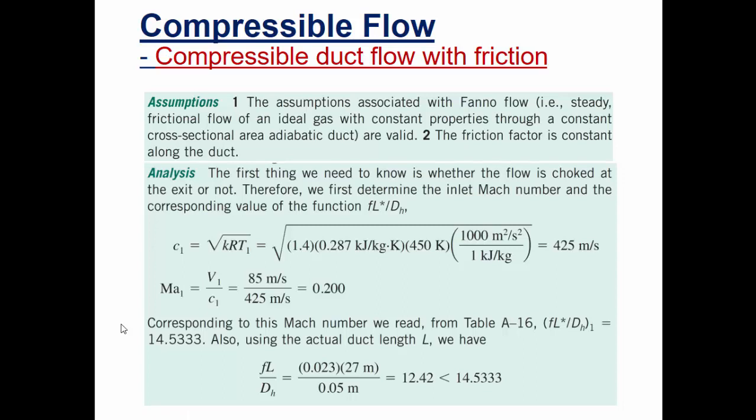And if we are using the actual duct length to find the relationship of the friction factor, the length, and the hydraulic diameter, fL divided by D_H, we found out that the value is 12.42, which is less as compared to the results of using the critical length.